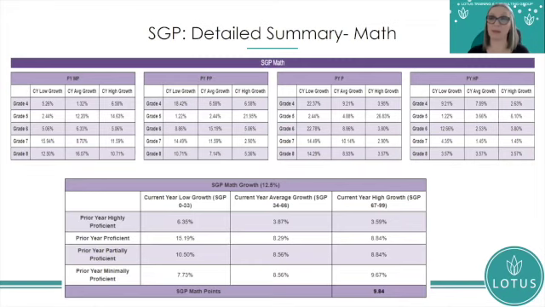Growth is independent between math and English language arts, but I can determine overall where my strengths and weaknesses are. If I'm looking at the details, I can go grade by grade to see where the majority of my students are performing, in which level of growth: low, average, or high.